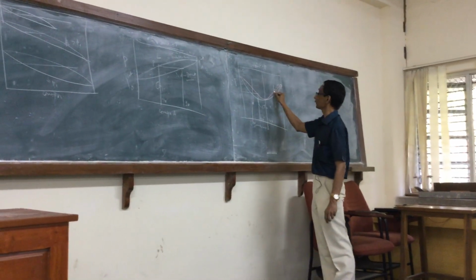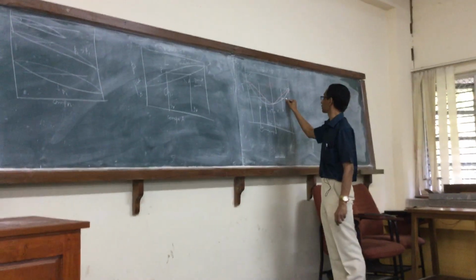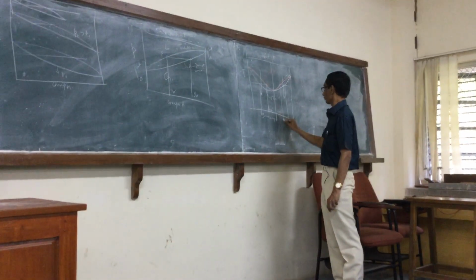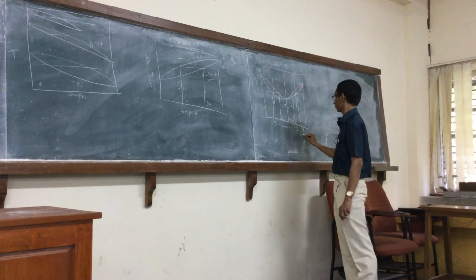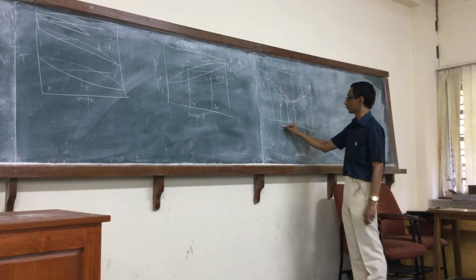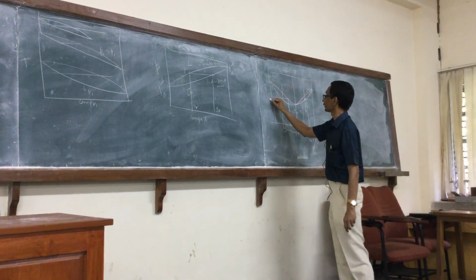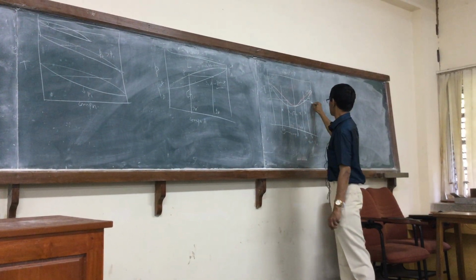You can clearly see this is now the vapor. At any temperature, actually XA will be greater than YA. Obviously, these two XA and YA are not the same as those two. But if you want, I can call it, let's say T1, and we'll call it T2.